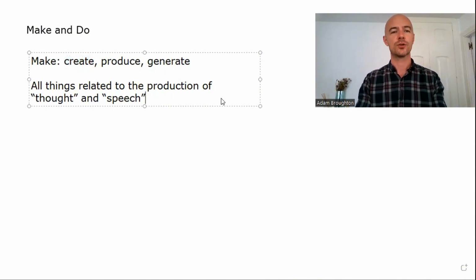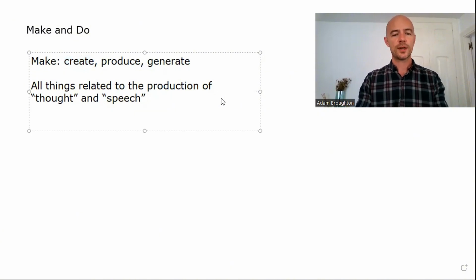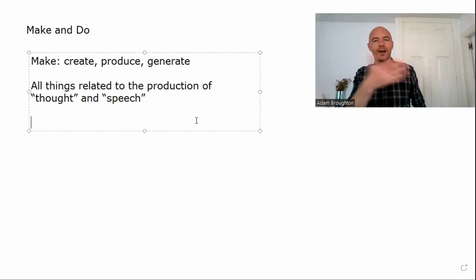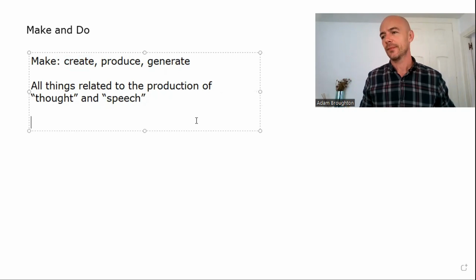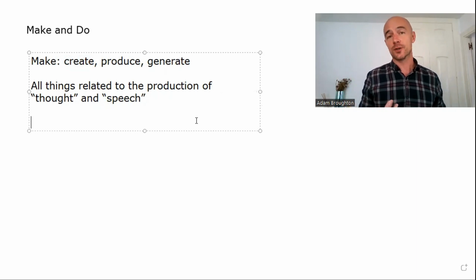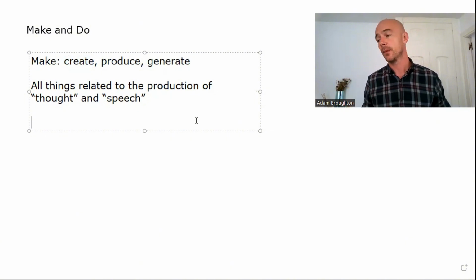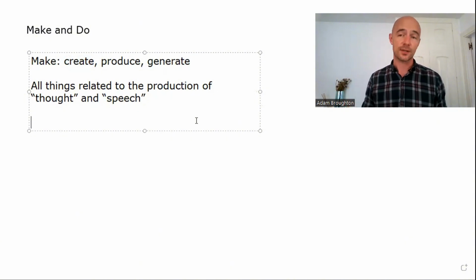Excellent. Right then, let's get on to do. So what is the idea of do? Again, the idea of do is, let's say, the generic verb of action. This is why do is also an auxiliary verb. So if you ask me, Adam, do you live in Madrid? I say, yes, I do.